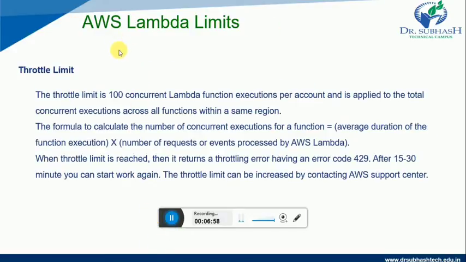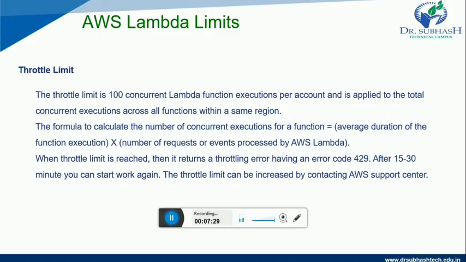While using AWS Lambda function, there are some limits given. Let us see what limits there are in AWS Lambda functions. First one is the throttle limit. The throttle limit is 100 concurrent Lambda function executions per account and is applied to the total concurrent execution across all the functions within the same region.